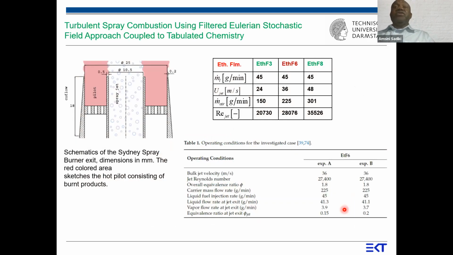For that, we use the same configuration, the Sydney configuration with acetone and with ethanol, but here we have only used the ethanol case, ethanol flame 6. This is this one here, and we try now to compare them. This is the piloted part. We have shown the spray jet, and we have the co-flow.